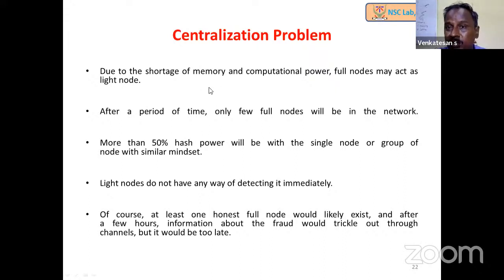As I said about the centralization problem, Bitcoin is not giving the reward for the miners whose block ends up as the fork block. So what is going to happen? This is going to bring the centralization problem. The reason is many will stop mining, because they put in a lot of effort, and the infrastructure they have to create for solving the proof of work is huge.